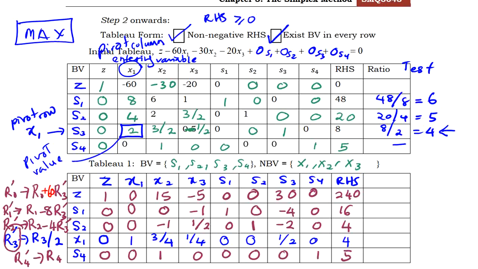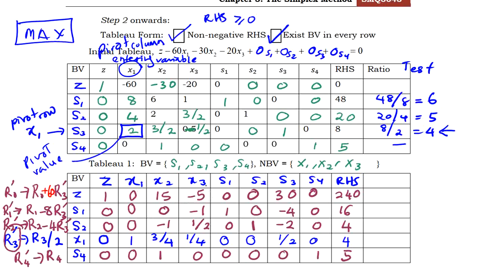Again, we repeat step 3, which is the optimality condition. So we need to check whether this Tableau 1 is already optimal or not, because it's a maximization problem.